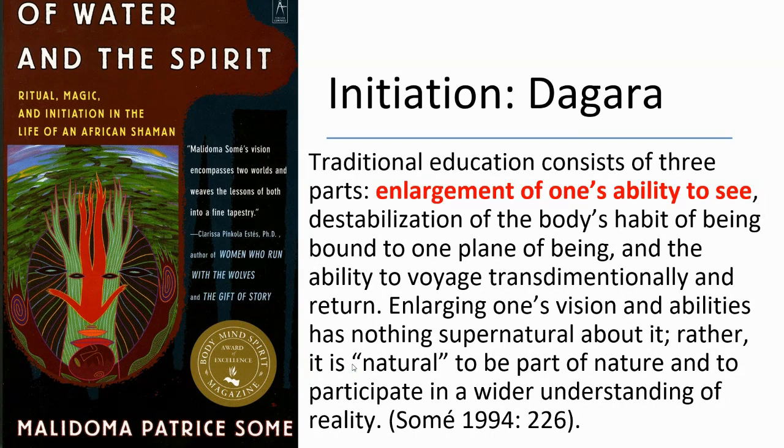So initiation is supposed to open your eyes to the mysteries of life and to help you see things that otherwise you would be blind to because you haven't been taught how to see. Just like in the Matrix movie, when Neo first was unplugged and he had made the statement something like that his eyes hurt, and Morpheus had to tell him that's because you've never used them before.